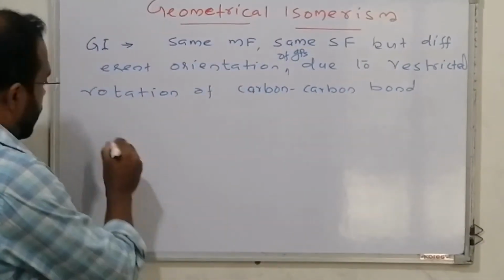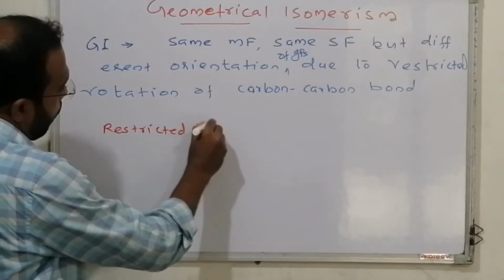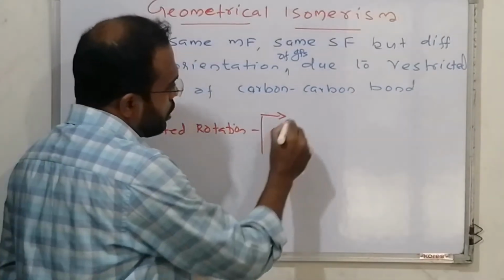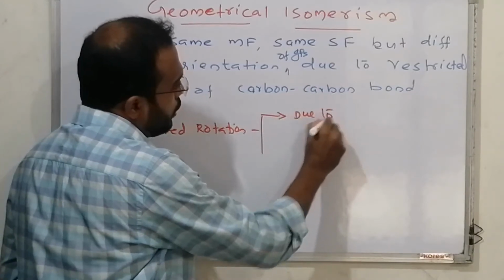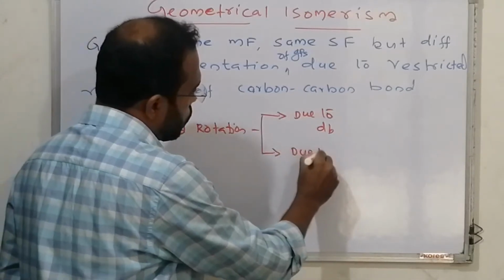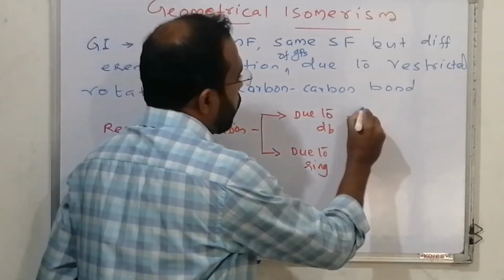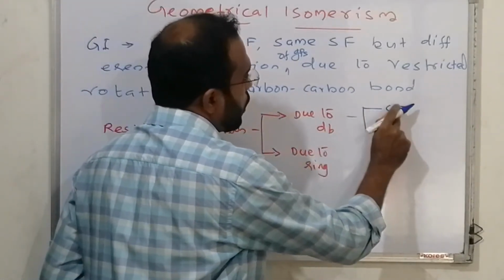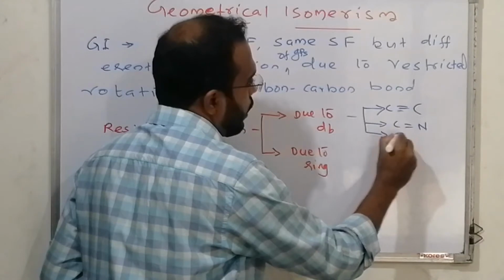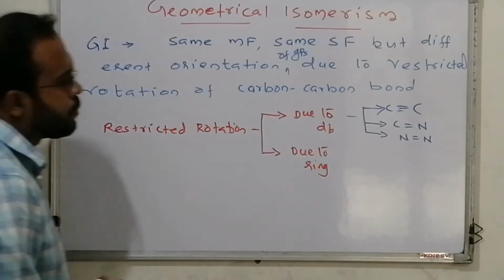Now, the restricted rotation may be of two kinds: first, due to a double bond, or due to a ring. Double bonds may be carbon double bond carbon, carbon double bond nitrogen, or nitrogen double bond nitrogen. These molecules normally show geometrical isomerism.